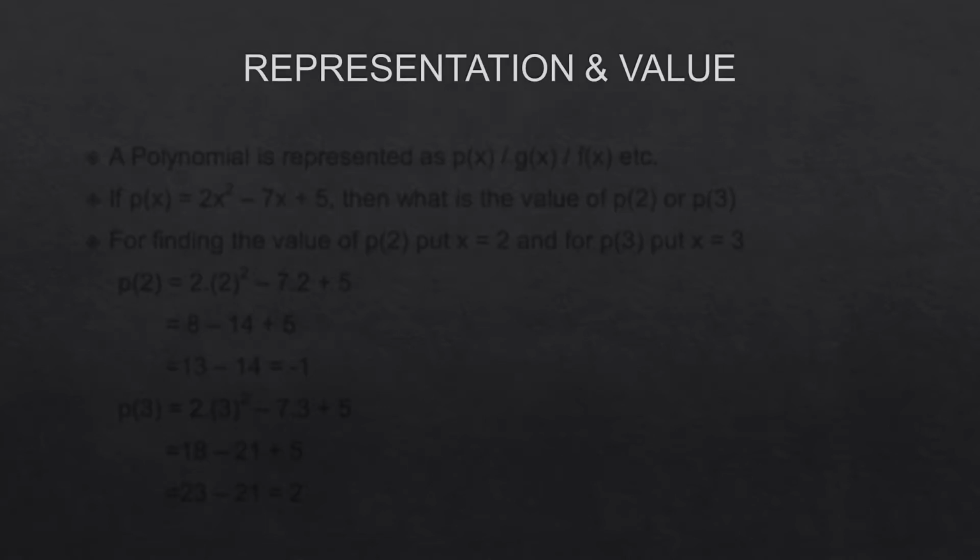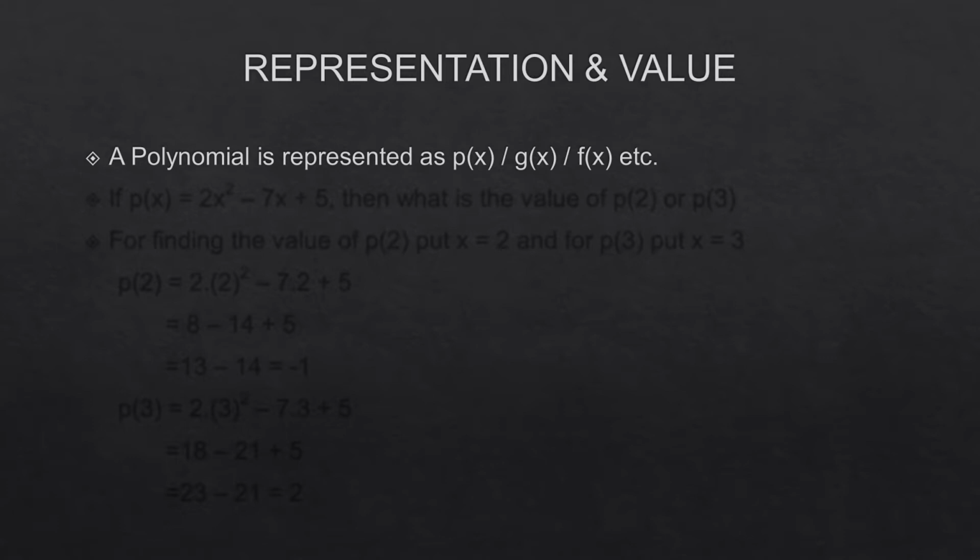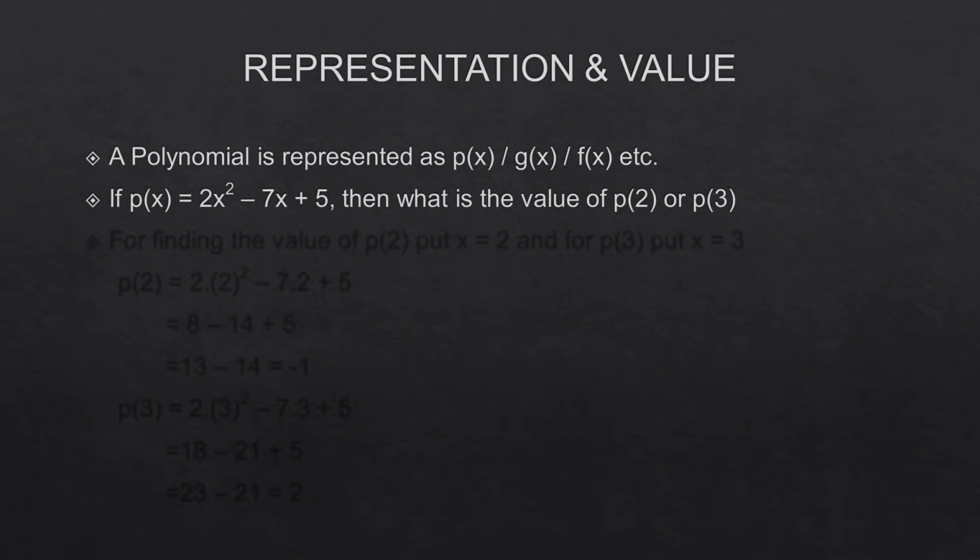Now representation and value. A polynomial can be represented as p(x), in brackets we write the x, where x is a variable. Whatever is in the bracket is the variable, so it can be written as p(x), g(x), f(x), etc. Now in this example, if p(x) is equal to 2x square minus 7x plus 5, and if we put the value of x equal to 2, we are supposed to write p(2), or if you put 3, p(3).